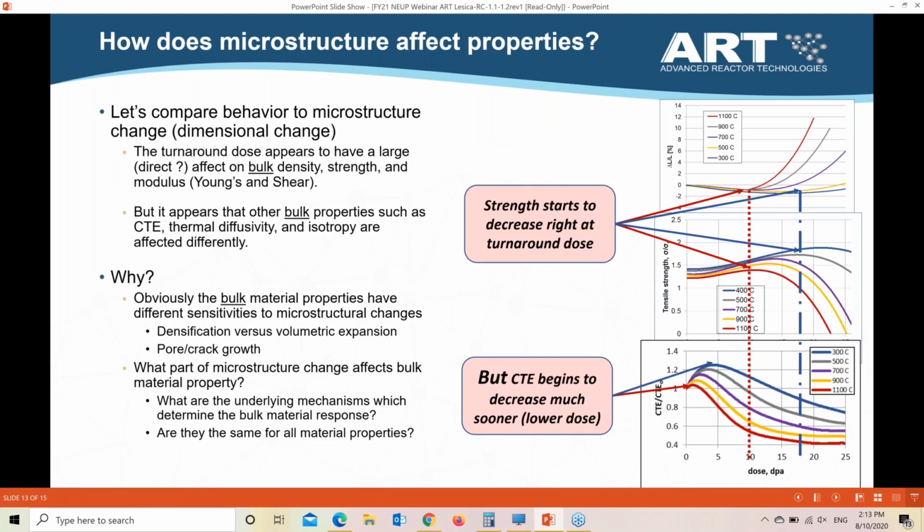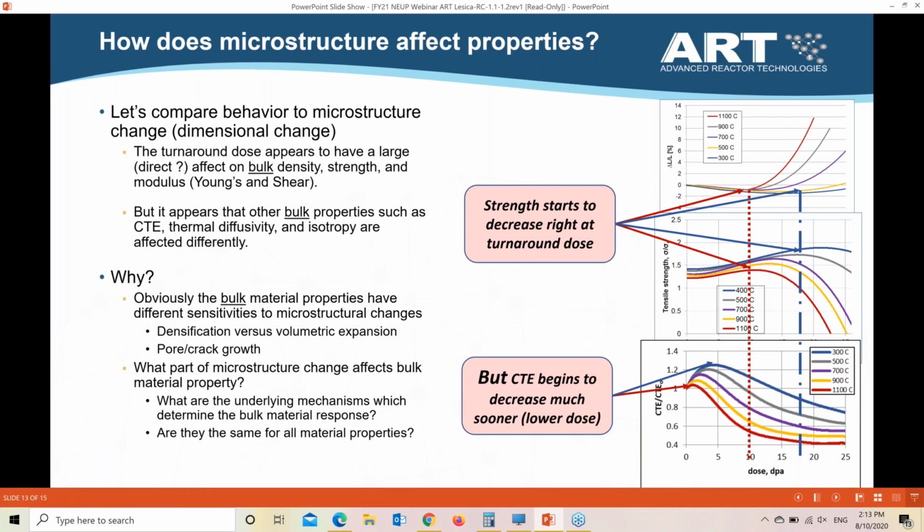So how does microstructure affect the properties? In our first bullet, we're looking at dimensional change, which has a great response to increases in irradiation. However, other bulk properties like coefficient of thermal expansion, thermal diffusivity, and isotropy are affected differently.